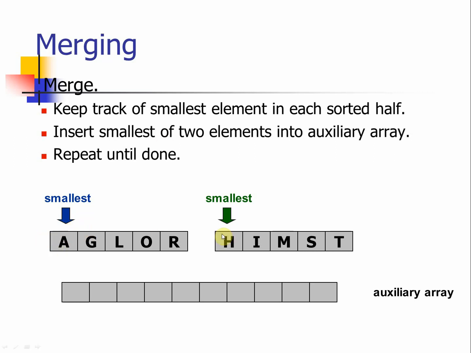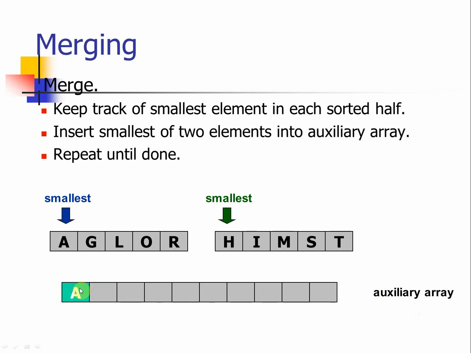Looking into this one, you can see that we start with the smallest item of the first segment and compare it with the smallest element on the other segment. Of course, the smaller one would be the smallest of all, so we compare A and H. A is smaller, so we need an additional array to help us store the information.